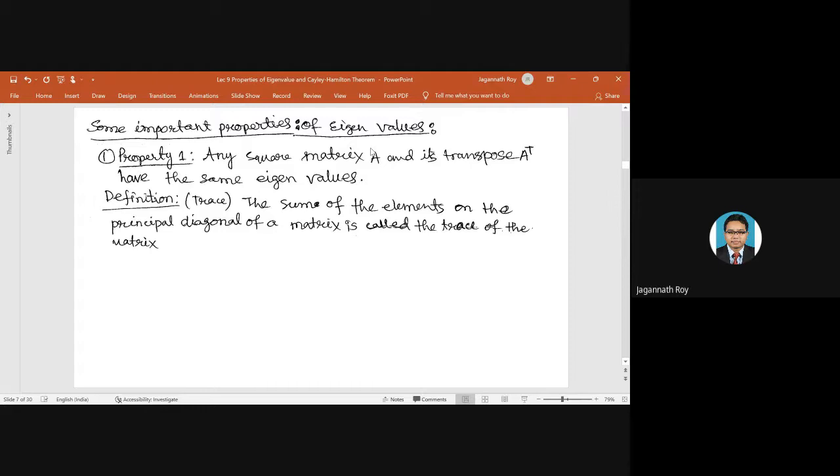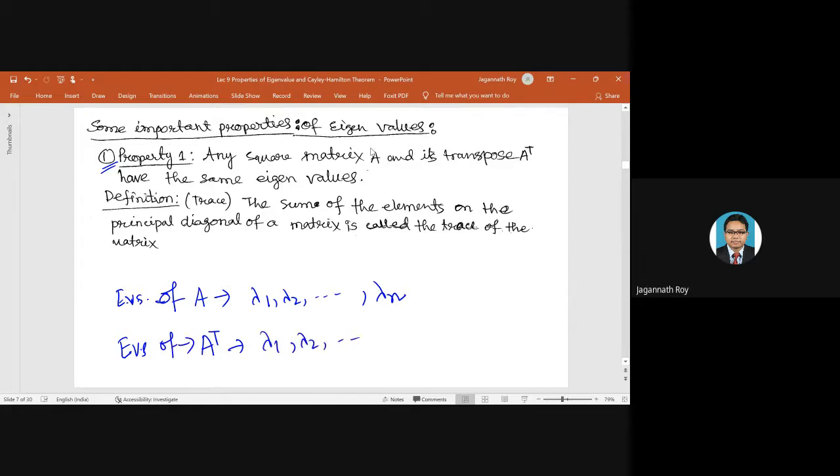For any square matrix with eigenvalues lambda 1, lambda 2, up to lambda n, if you take A transpose, the eigenvalues will always be the same. A transpose and A will have the same eigenvalues.